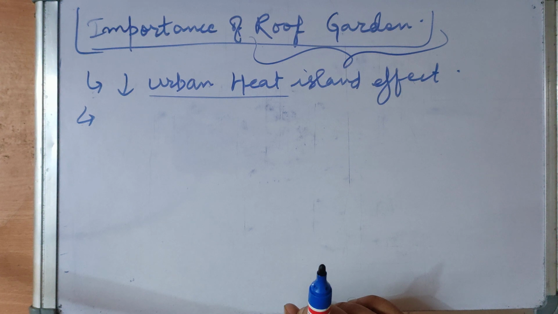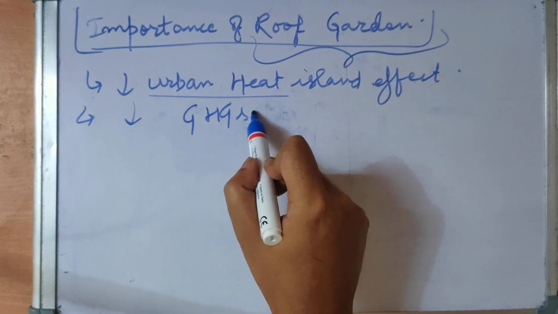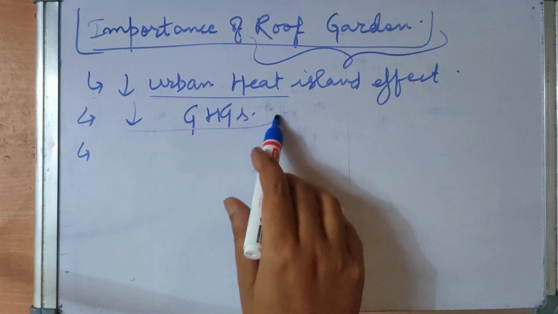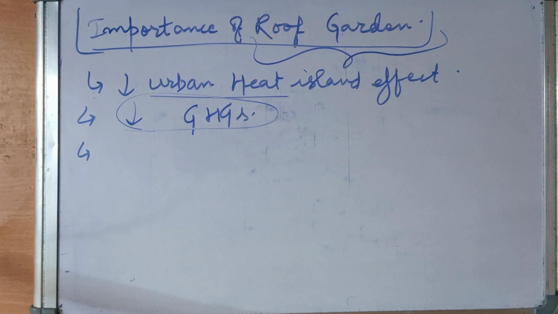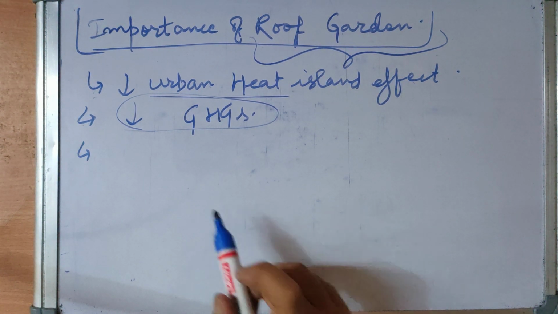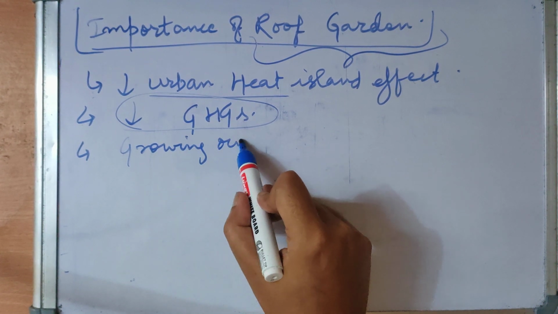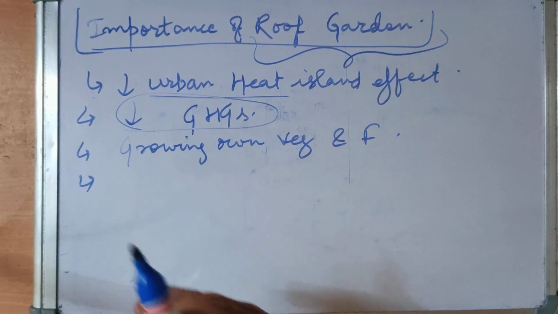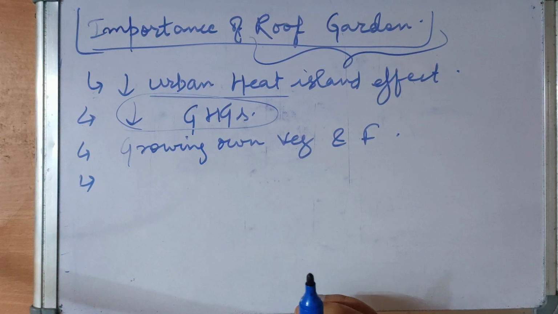Secondly, it reduces the amount of greenhouse gases. Thirdly, how it reduces the GHGs, because it absorbs CO2. You all know CO2 is a major GHG. Growing vegetables and fruits on our roof helps.